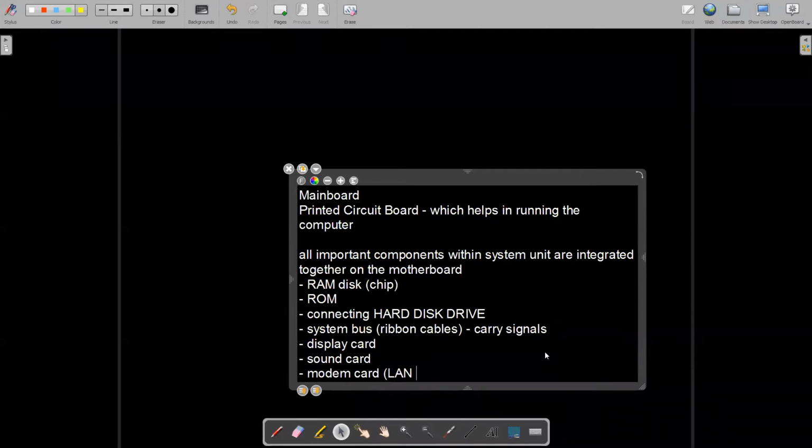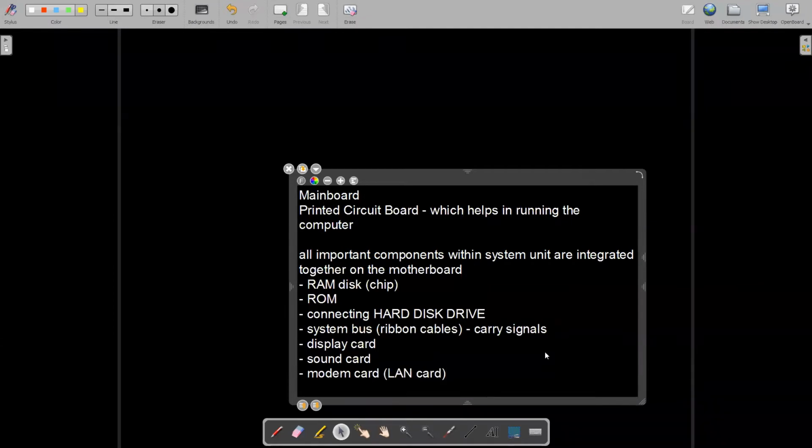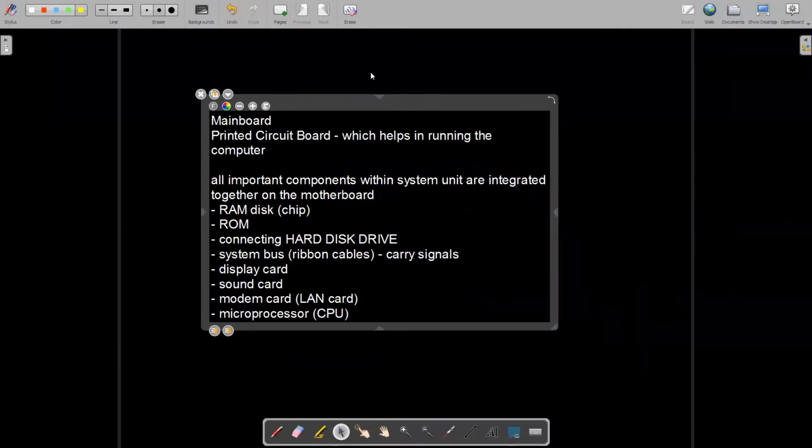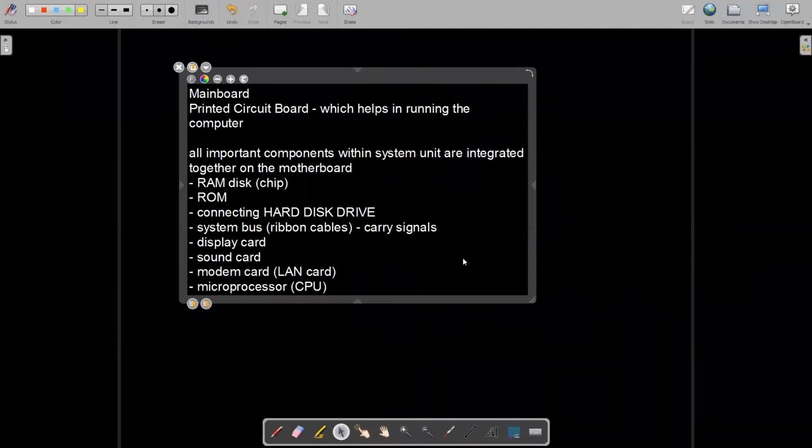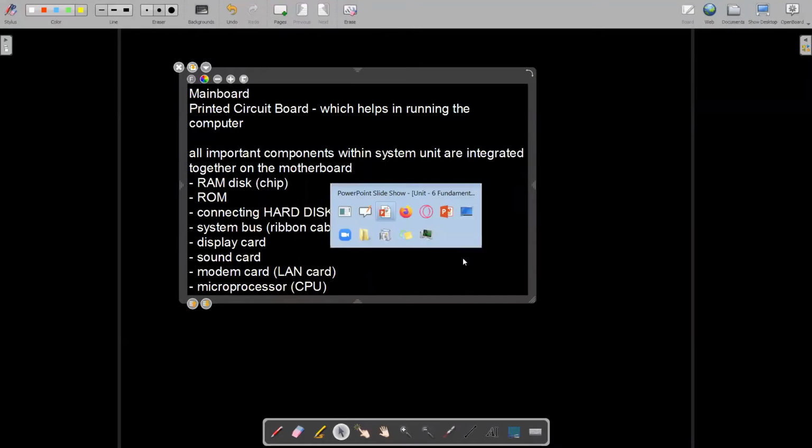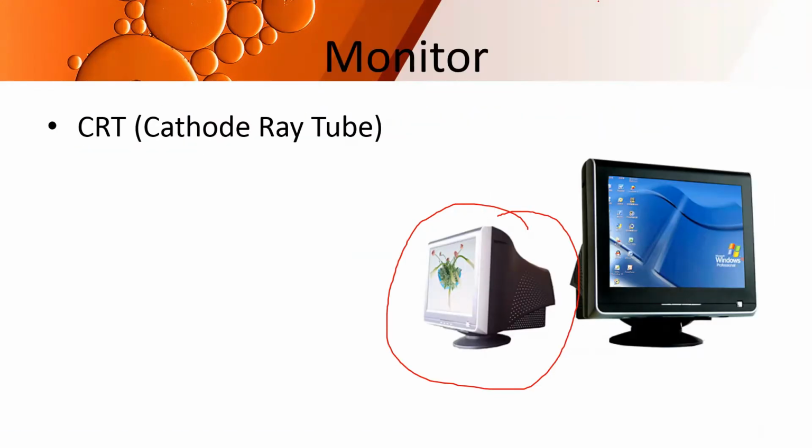So anything you want to fit onto the computer, anything you want to attach to the computer, any peripheral device, it is done using this. And most importantly, it contains the microprocessor chip, which is actually the CPU of your computer. The microprocessor chip is also fit onto the motherboard. So motherboard contains all the important components which are needed for running your computer.